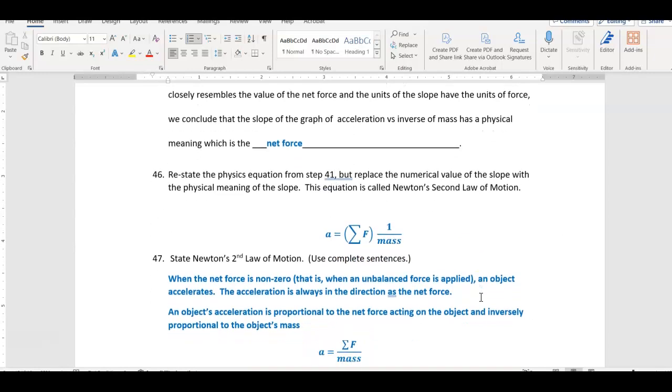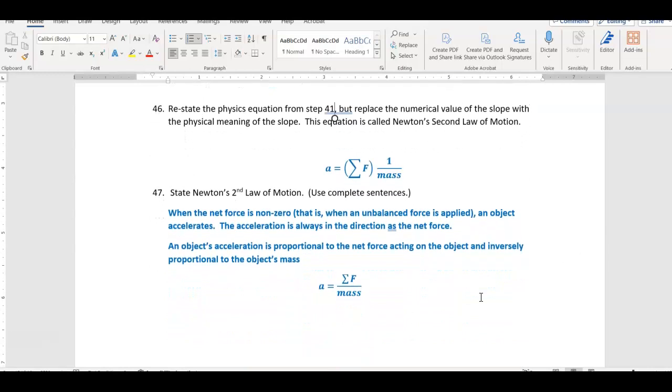And so now we can state Newton's second law of motion. When the net force is non-zero, an object accelerates. The acceleration is always in the same direction as the net force. An object's acceleration is proportional to the net force acting on the object and inversely proportional to the object's mass.